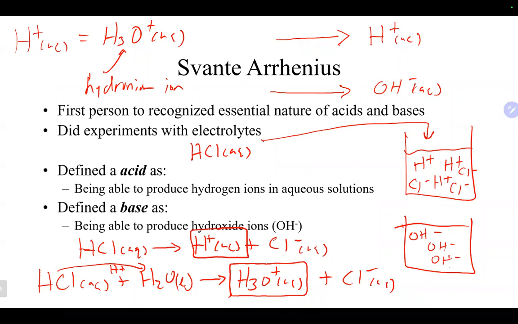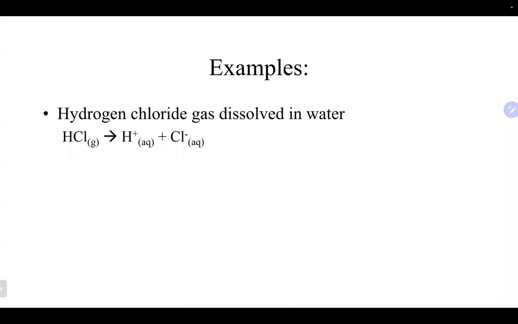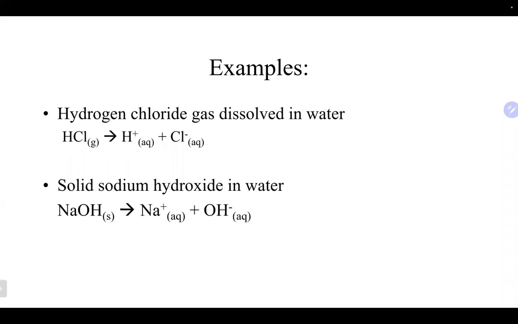Okay, so let us then take a look here. If we wanted to make an acid like hydrochloric acid, we take some hydrogen chloride gas and bubble it through water, and we will get basically H plus and Cl minus. This is why acids typically will have that aqueous symbol next to them. I think we talked about that when we talked about naming.